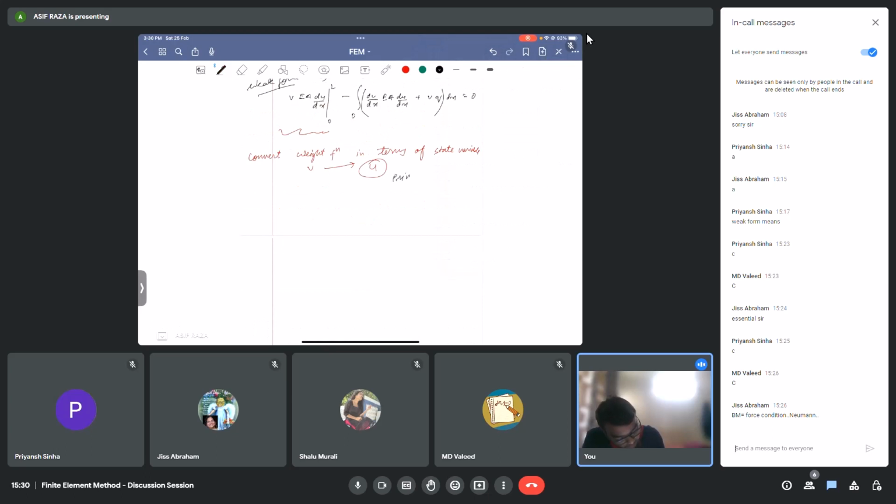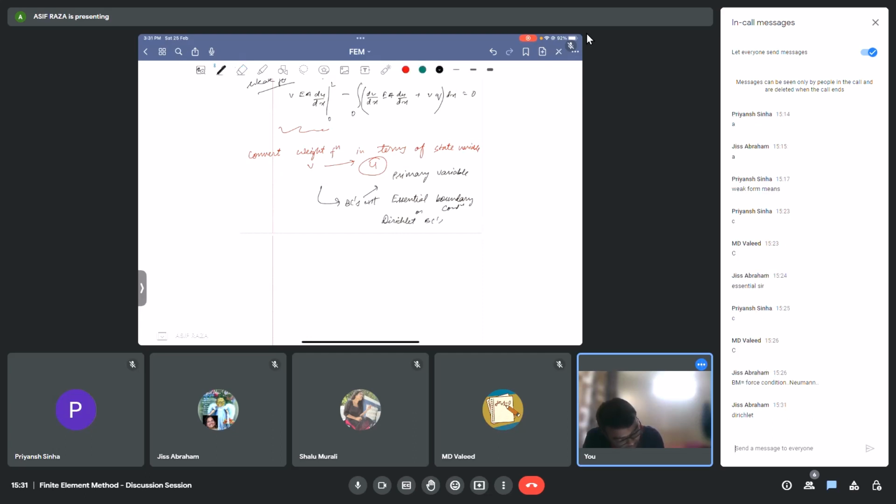This is called my primary variable. Boundary conditions specified with respect to the primary variable give me the essential boundary condition, or Dirichlet boundary condition.